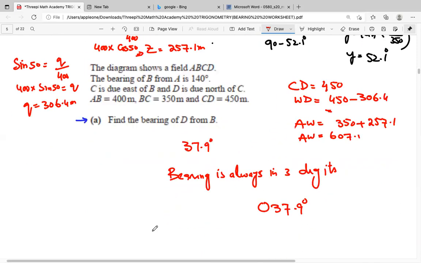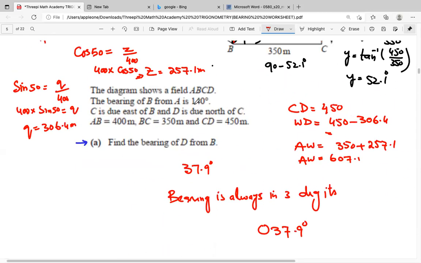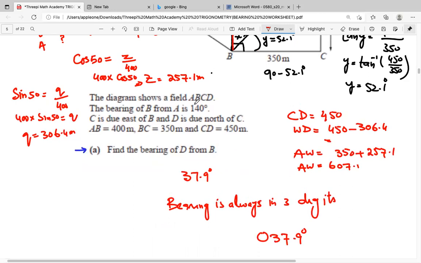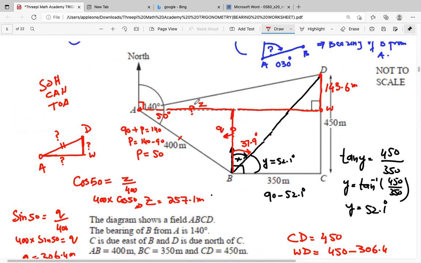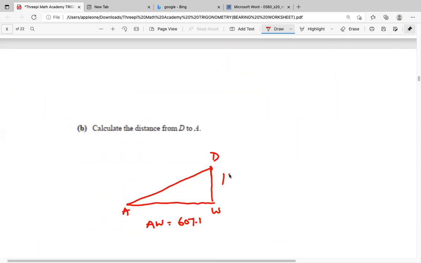AW is 607.1. And this WD I got here. What's WD value? That is 143.6 meters, and here also meter.